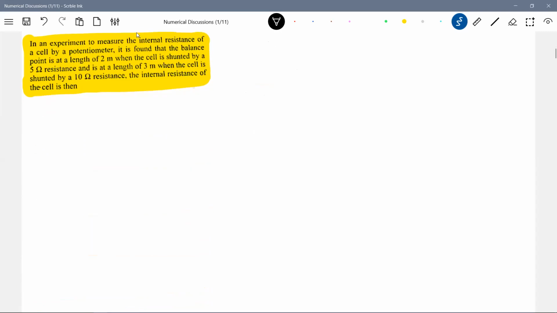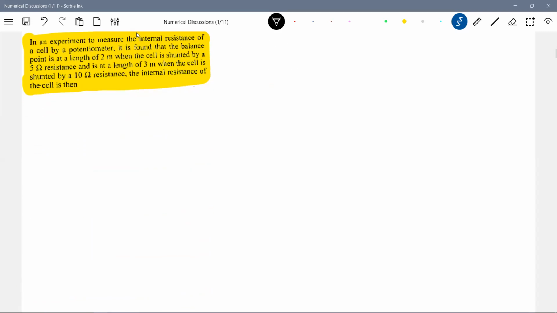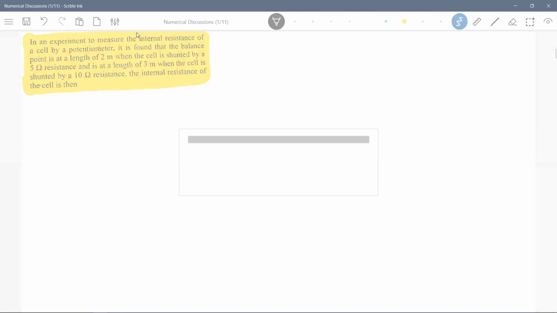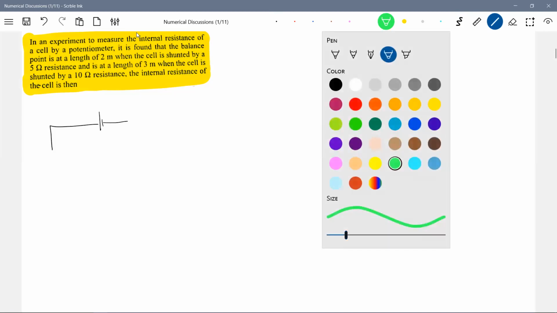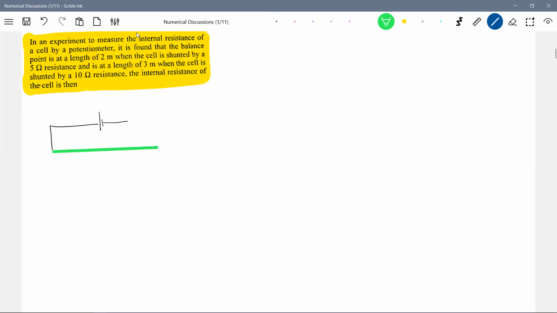Let's take the next one. There's a potentiometer one. In an experiment to measure the internal resistance of a cell by potentiometer, for your understanding purpose I'm bringing that diagram. Here it will be like this. It is found that the balance point is at length 2 meters when the cell is shunted by a 5 ohm resistance.